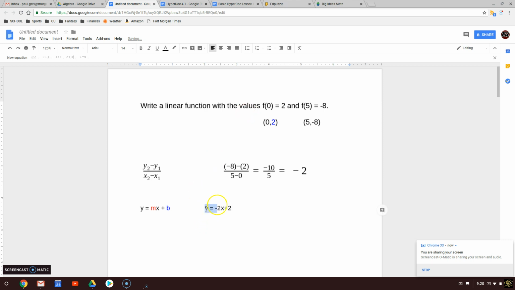And here's our final equation right there. Y equals -2x plus 2. Got our y-intercept from here. We got our slope from doing all this work right here. So when you see it like this, don't let it freak you out. Just put them into ordered pairs and do the process that we've been doing already.